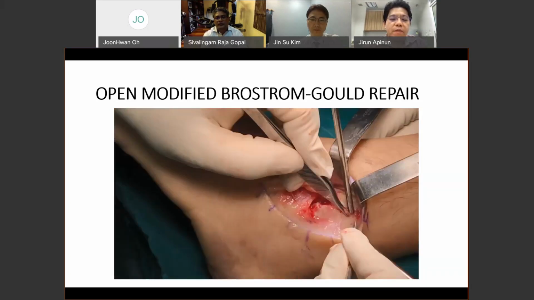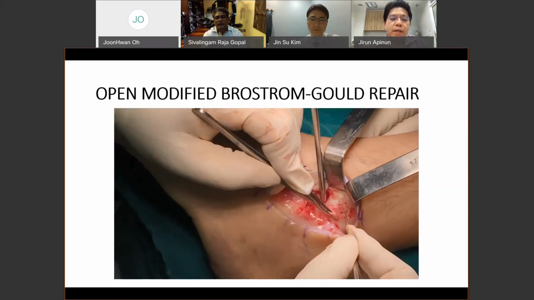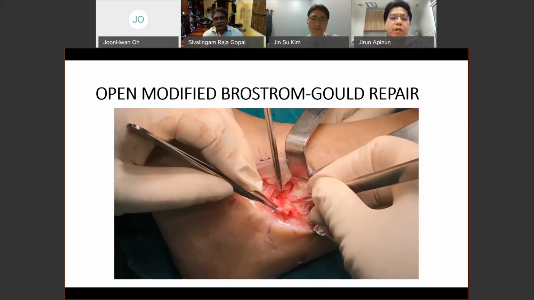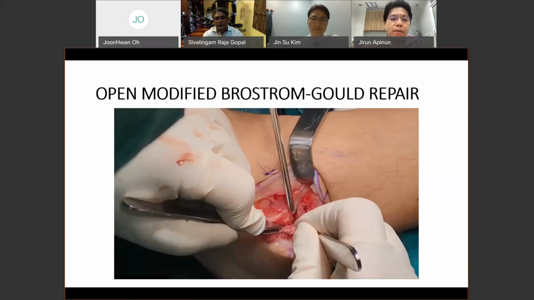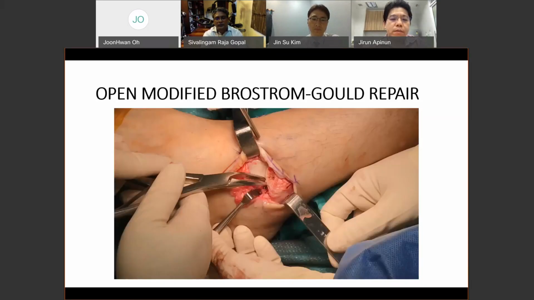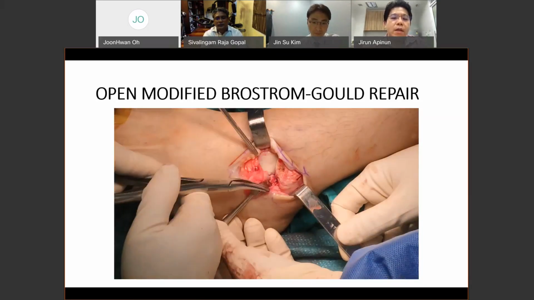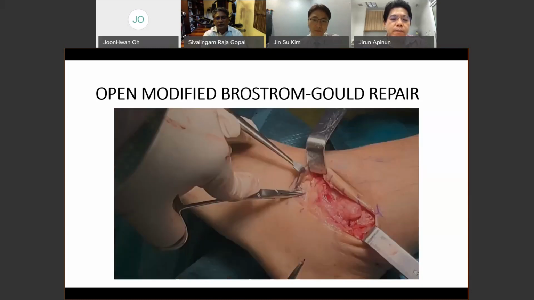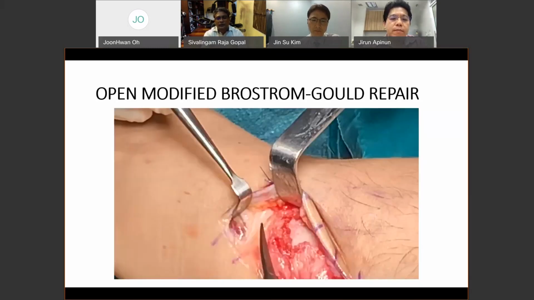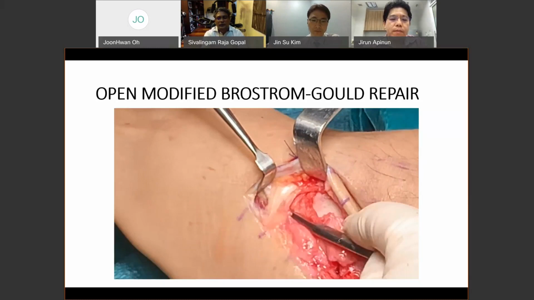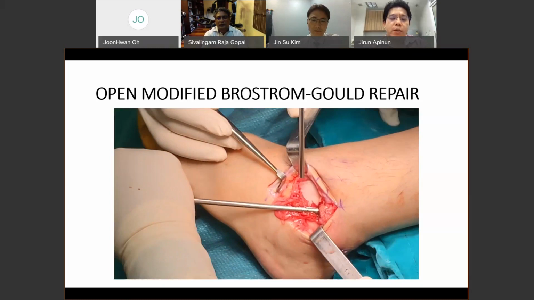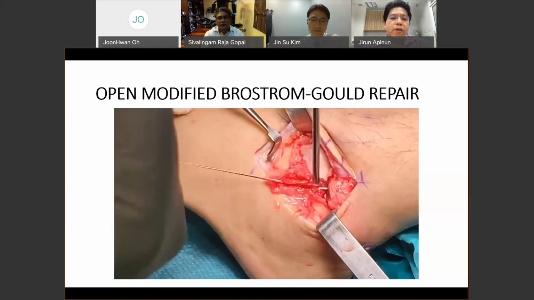up and fold it down to make it as one whole flap of the periosteum and ligament. Okay. Then prepare the distal fibula. Okay. Also dissect the extensor retinaculum. And I put two suture anchors into the distal fibula.